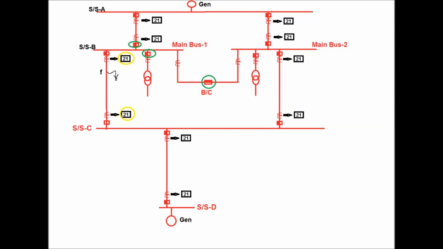Now if the breaker at substation B end fails to clear the fault due to breaker pole stuck, then the LBB relay for the same feeder will energize, and it will again send a retrip signal to its own circuit breaker.